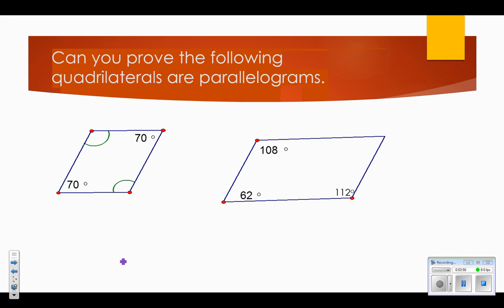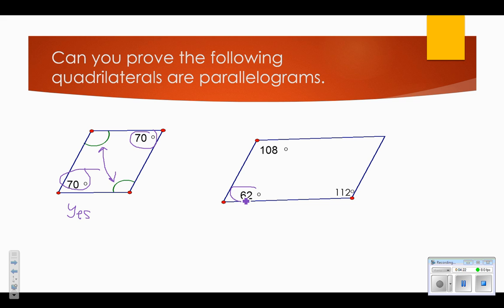Okay. Now when we're talking about angles, this first quadrilateral is a parallelogram because I've got my opposite angles, 70 degrees and 70 degrees, congruent, and then these are also congruent because they're marked with the symbol for congruency. Okay, the second quadrilateral looks like it might be a parallelogram, but we're going to find that it's not.